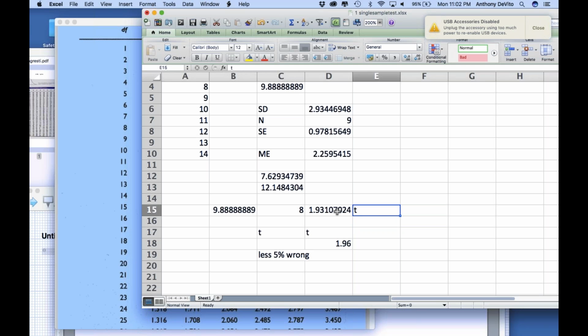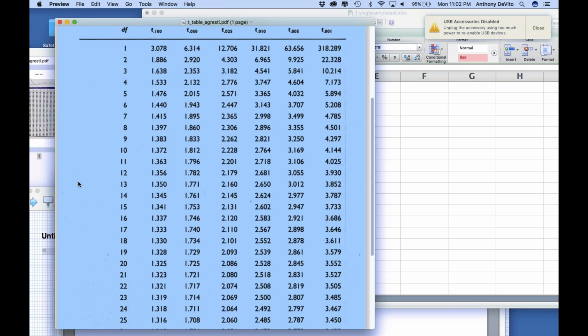Is that t-value big enough to represent a 95% confidence that these two are different? Less than 5% chance that those two are different. I'll give you a hint ahead of time. It's not going to be, right? Because we can see it's less than 1.96, and my t-value now is going to have to be bigger than 1.96 in order to reject this null hypothesis and say the two groups are different.